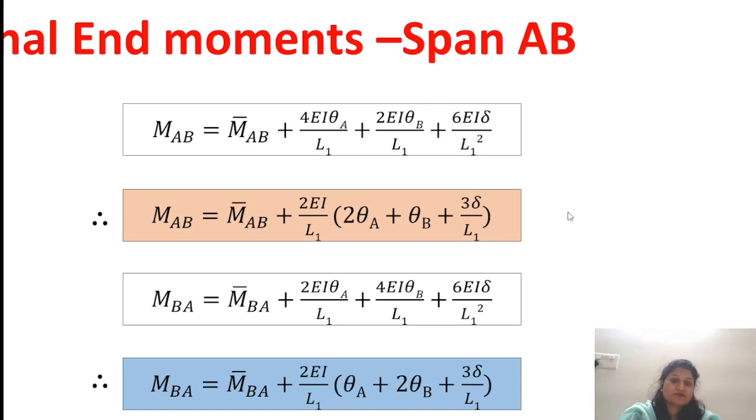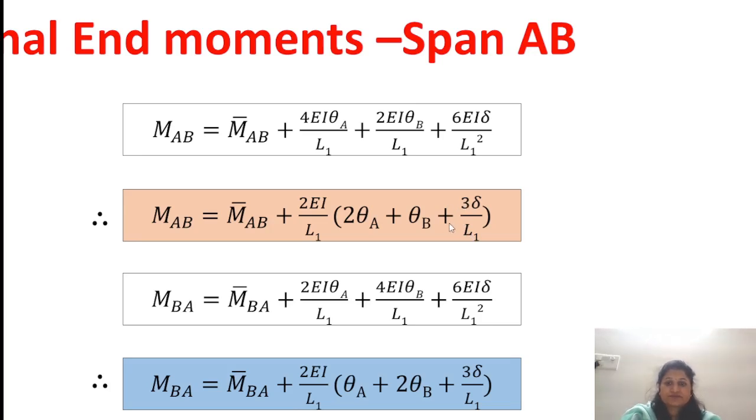As per the location of that displacement, it may be upward or downward, or sometimes the right-hand support may be settled or the left-hand support may be settled. So the sign may change. If your right-hand support is settled, it is positive. If your left-hand support is settled, we are taking the moment, so it is negative. That's why the plus sign is there.